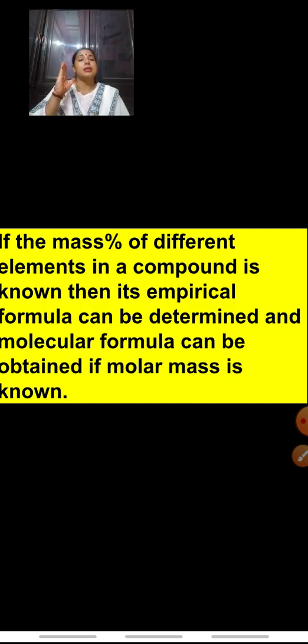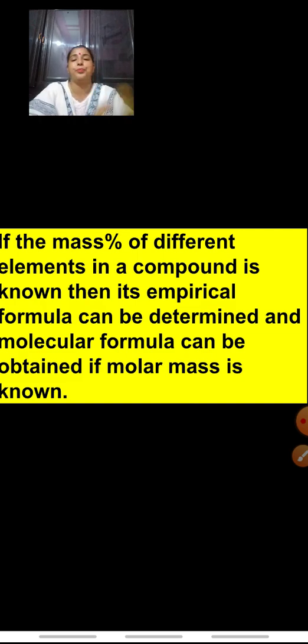That means the percentage composition, the empirical formula, the molecular formula and the molar mass, they all are interrelated. If percentage composition is known, you can calculate the empirical formula. If the empirical formula is known and the molar mass is also known, you can calculate the molecular formula.